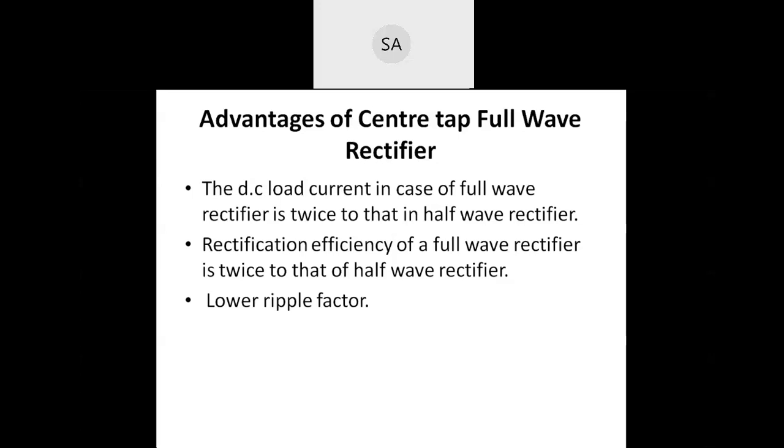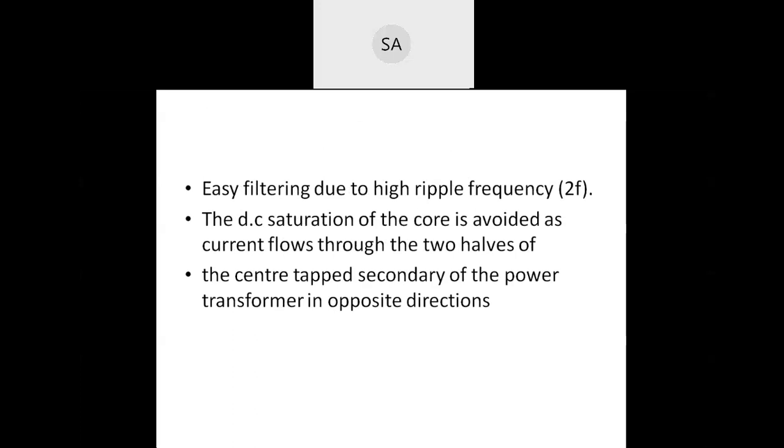And lower ripple factor. Here the ripple factor in the center tapped full wave rectifier is 0.48, whereas in the half wave rectifier it is 1.21. So it is decreased in the center tapped full wave rectifier. And easy filtering due to the high ripple frequency. In the center tapped full wave rectifier, the ripple frequency is doubled.